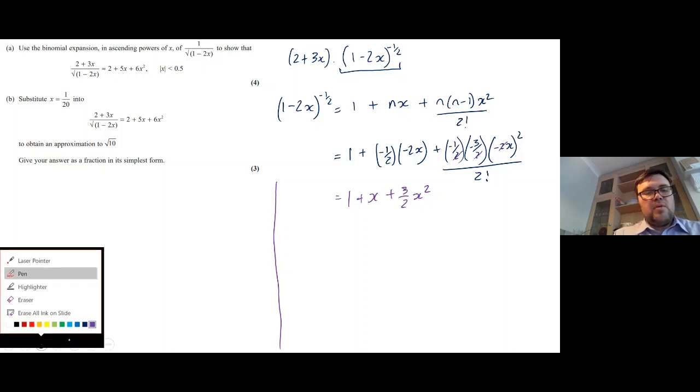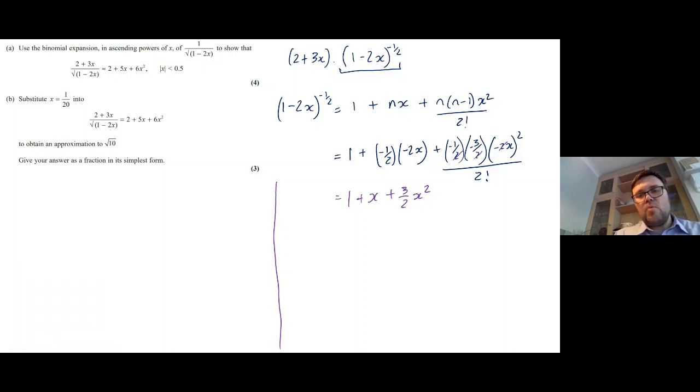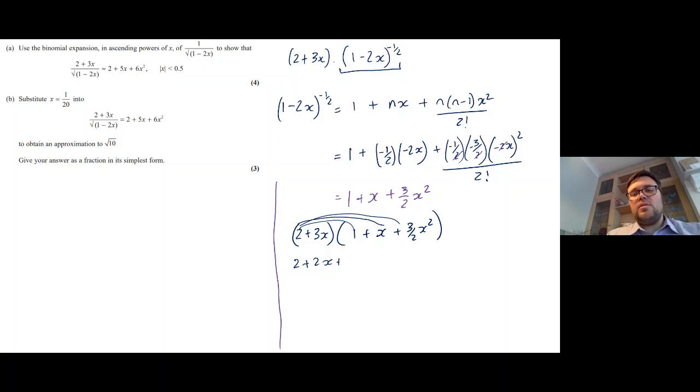Once we've done that, going back to the black pen, we have 2 plus 3x, and now our expansion, 1 plus x plus 3 over 2 x squared. We've been asked to expand up to the x squared term. So 2 is going to be multiplied by each of these terms. So we have 2 plus 2x plus, well, 2 times 3 over 2, the 2's will cancel, so I've got 3x squared.